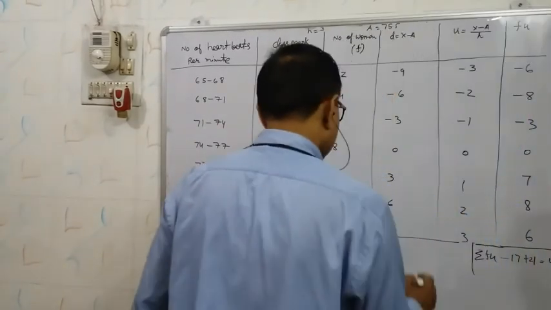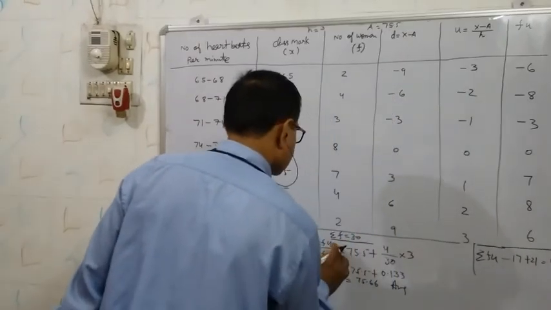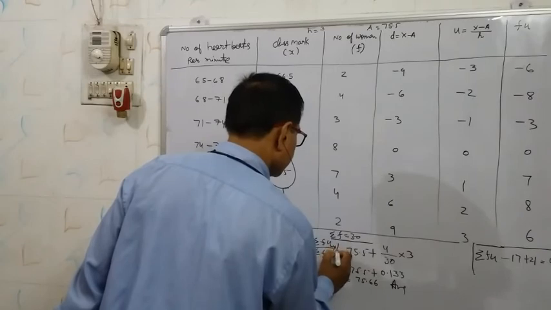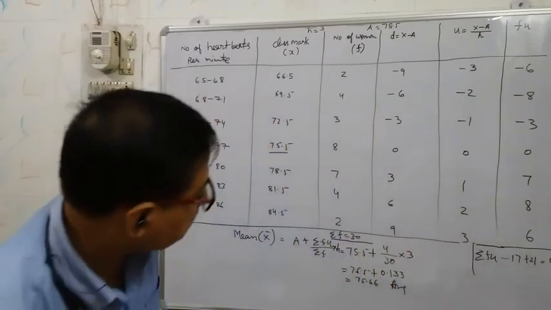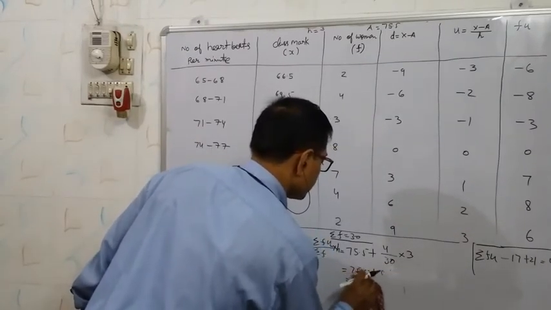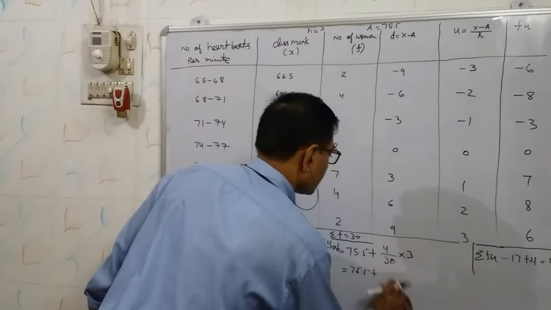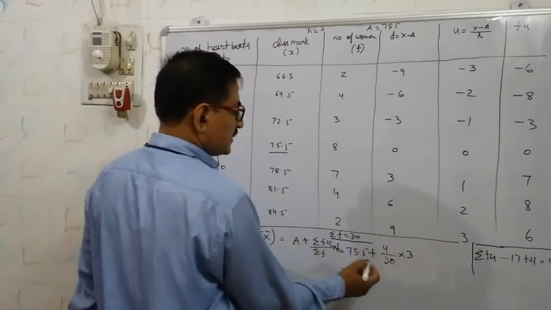Achha, here we are missing one thing, that is the 3. Sigma fu into h is there. So do the correction here. One thing we have missed in the formula is into h. H means the width of the class.